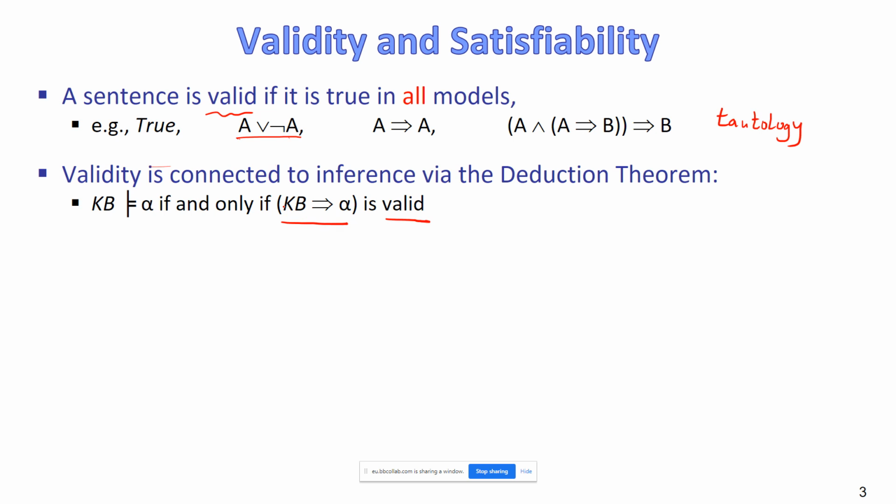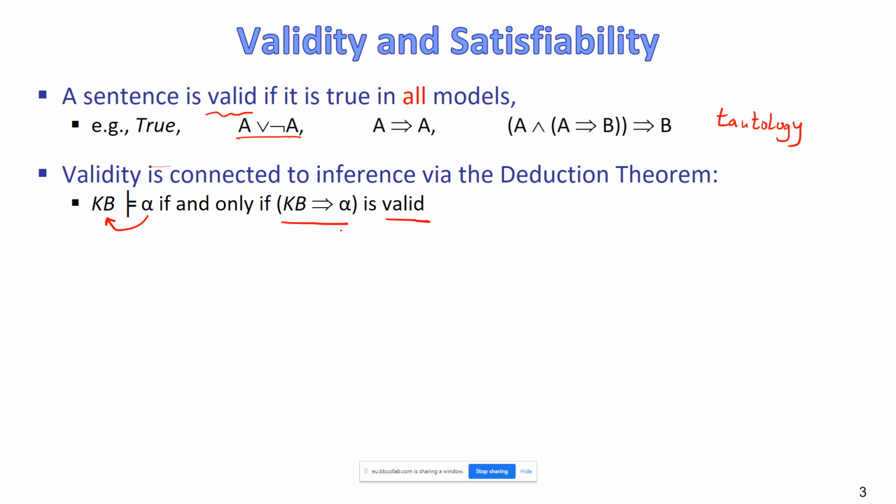The knowledge base entails alpha if and only if the sentence knowledge base implies alpha is valid. Which means that if we proved that the knowledge base implies alpha using propositional logic, then we can infer alpha from the knowledge base.